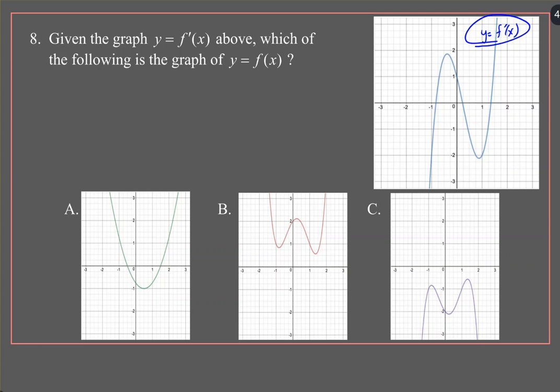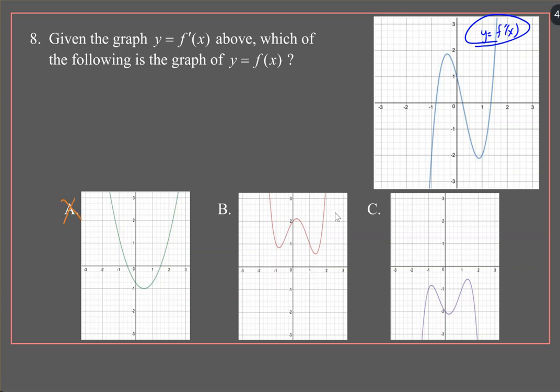One way you could think about it is this is a cubic, so we're going to have a quartic. So we can eliminate A right away because that's going in the other direction. And of course they're going to have A there because the person who reads the question and doesn't realize that this is f prime of x versus f of x will get the answer A, which is not going to be correct. So I've eliminated A.